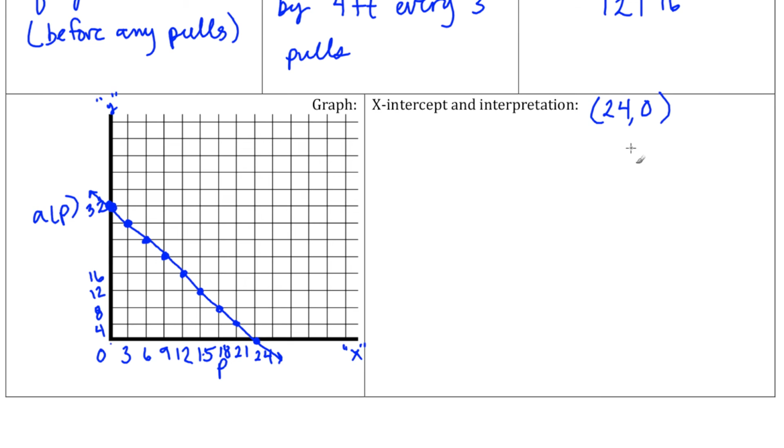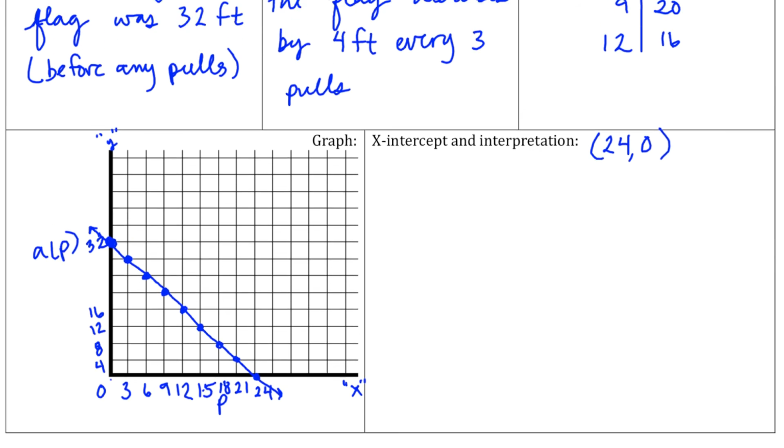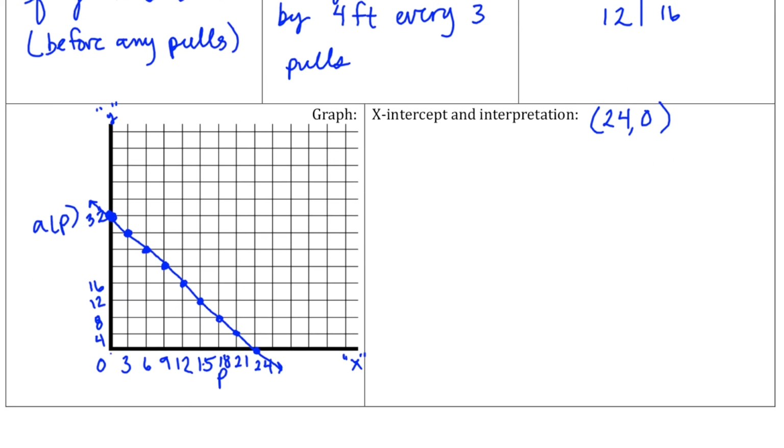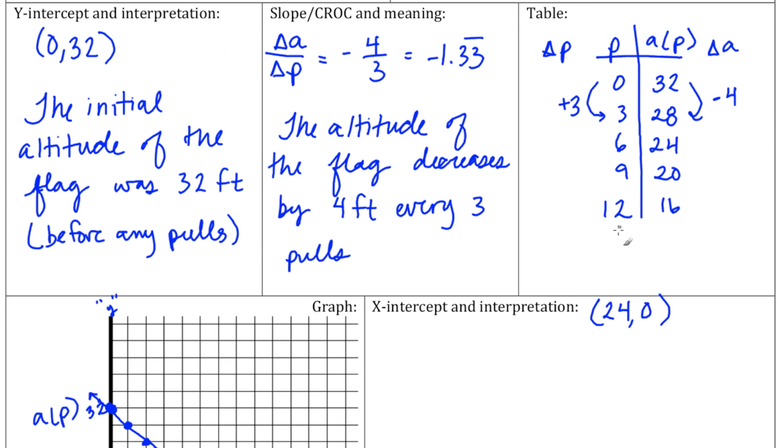So what I actually gave you this space to do is find the x-intercept. I know we can see it here, and we can even see it here. So it says 24, 0. So I'm going to keep counting. That gives me 18, 21, 24. So it decreases by 4.